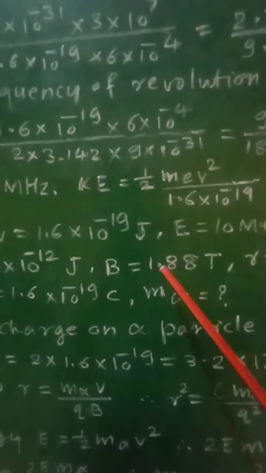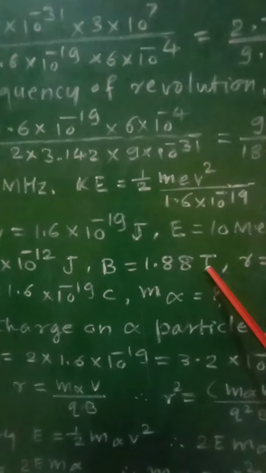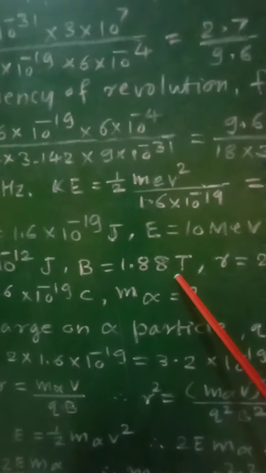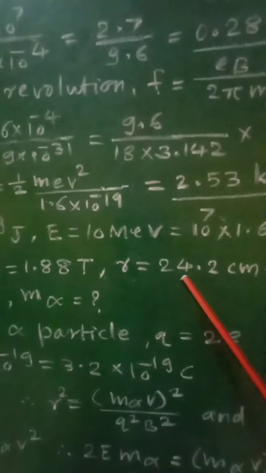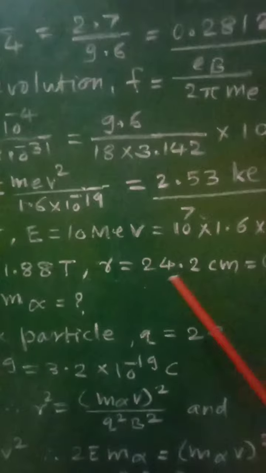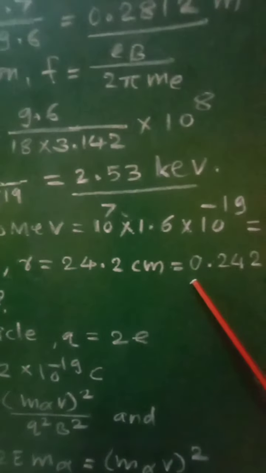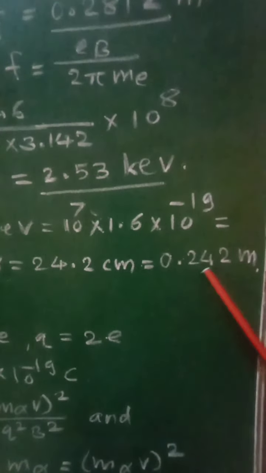Then magnetic field B is equal to 1.88 Tesla. Then radius R is equal to 24.2 centimeter, that is equal to 0.242 meter.